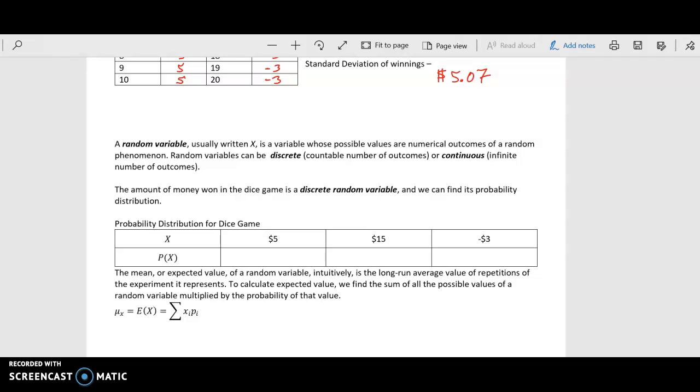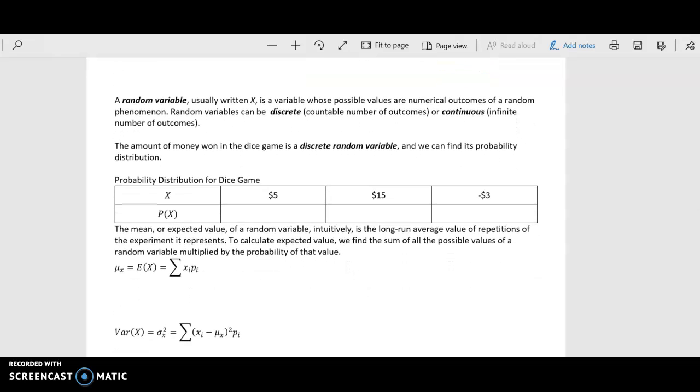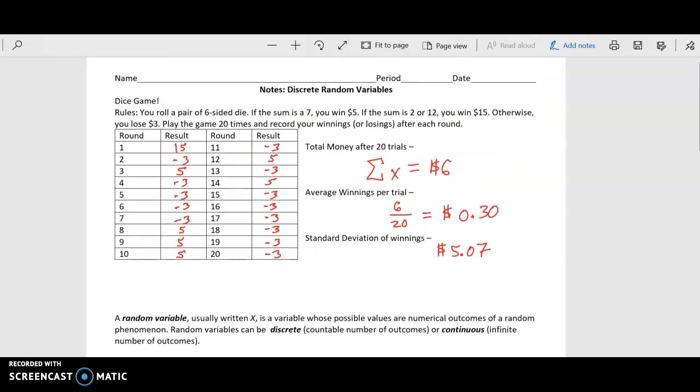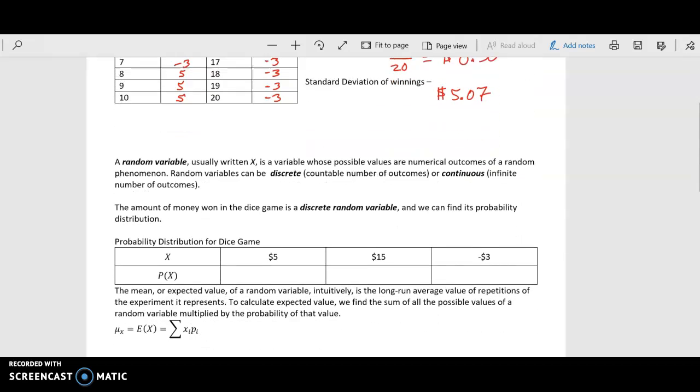A probability distribution just means a table of probabilities. So here is the probability distribution for this dice game, and you're going to do this for your casino games. Winning $5 happens if we get a sum of 7.